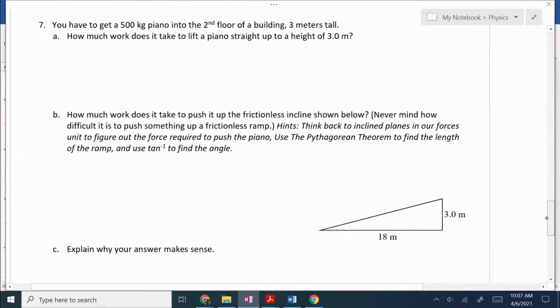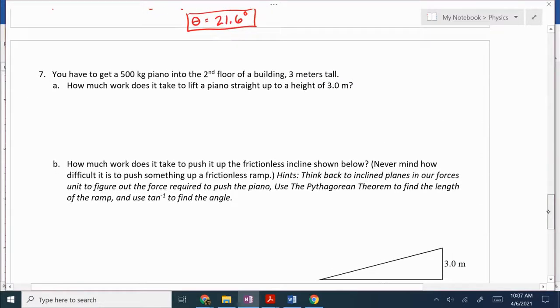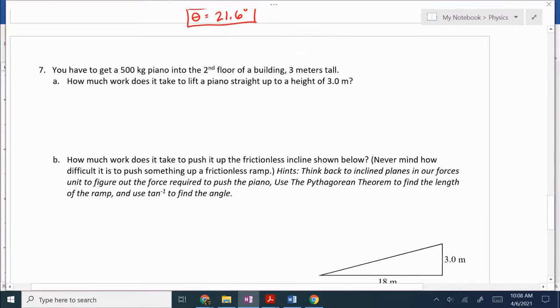Okay, moving along to number 7, which is a little bit tricky. You have to get a 500 kilogram piano into the second floor of a building that's 3 meters tall. How much work does it take to lift the piano straight up to that height? Well, work is equal to energy.